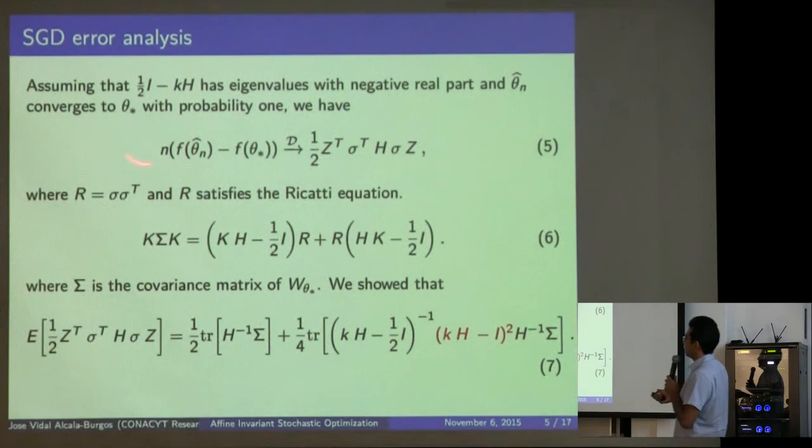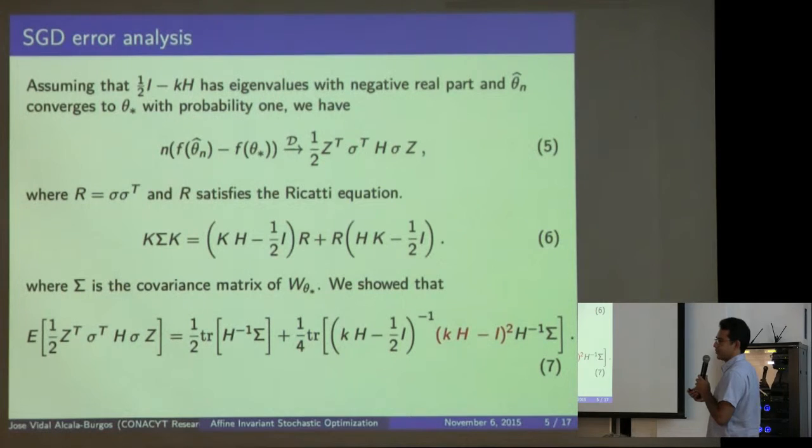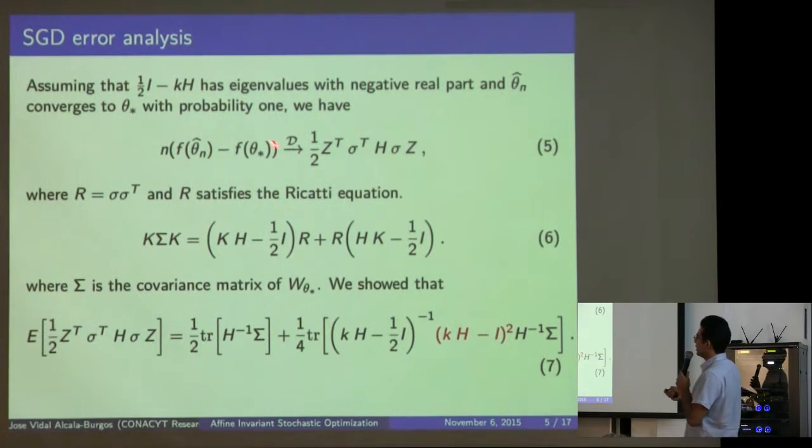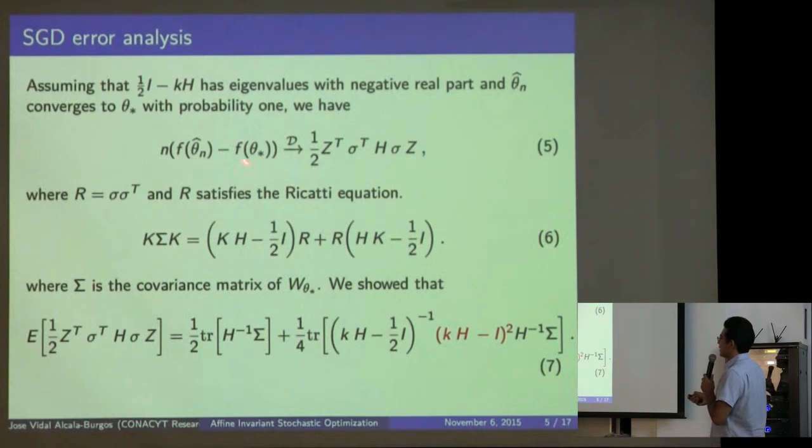If you evaluate your loss at your current estimate, subtract your loss at the optimal estimate, and multiply it by n, that has a limit in distribution, which converges to something that is not normal, because the left-hand side is always positive.